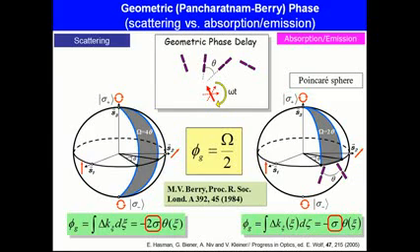It results in a geometric phase, where the geometric phase is equal to half of the solid angle of the path traveled upon this sphere. And you can see here the absorption as well as the scattering mechanism, where the geometric phase is spin-dependent and proportional to theta.